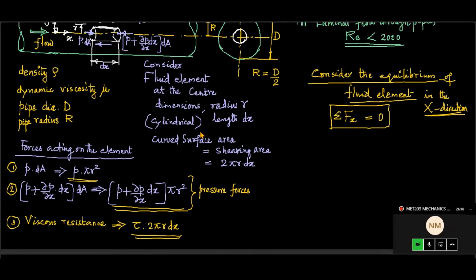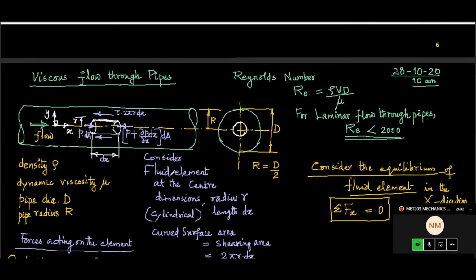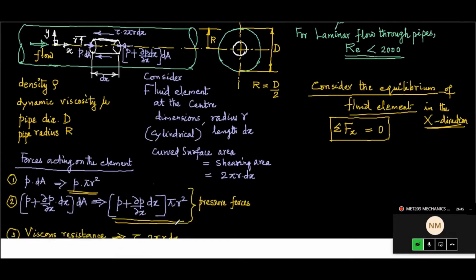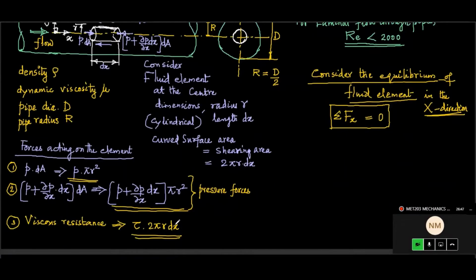We'll come to that term, fully developed flow, later. Whenever the flow enters a pipeline, actually the flow will not be fully established with a constant velocity profile across different cross sections. When the velocity becomes constant in the axial direction, axial meaning along the axis, we say that the flow is fully developed.